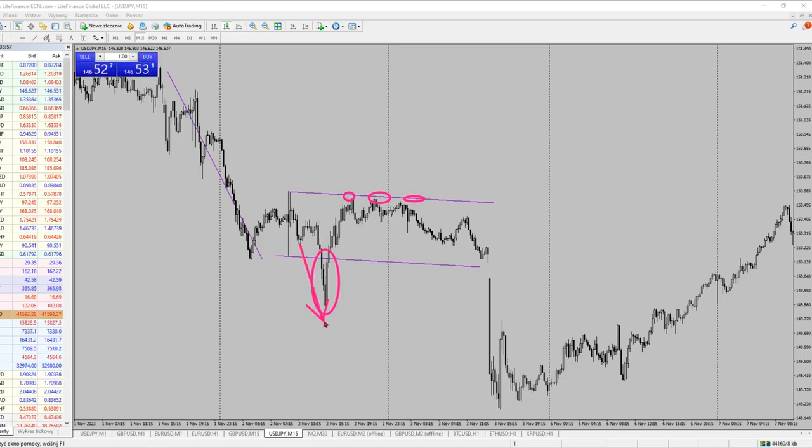Same we have here. Then we move much lower. So be careful, especially with the first attempt to break.